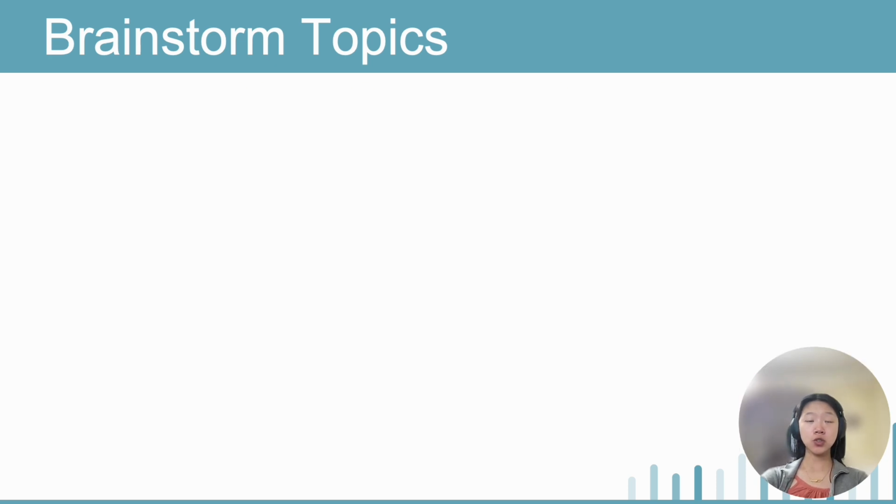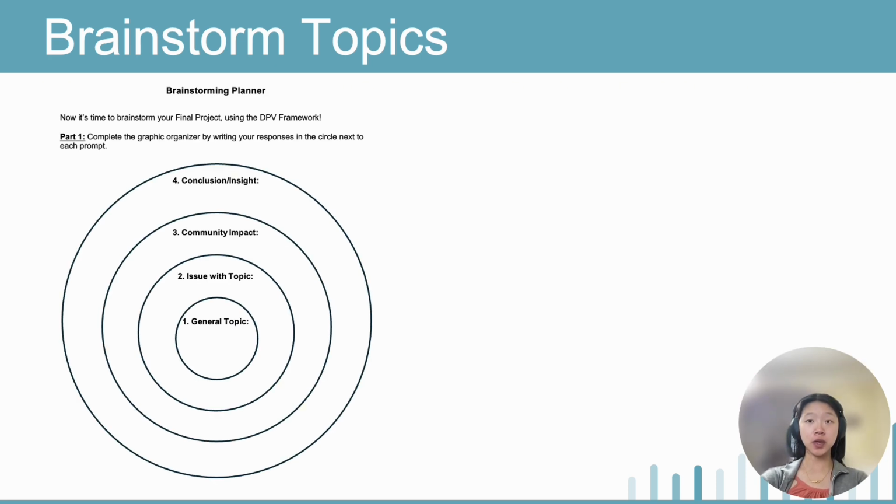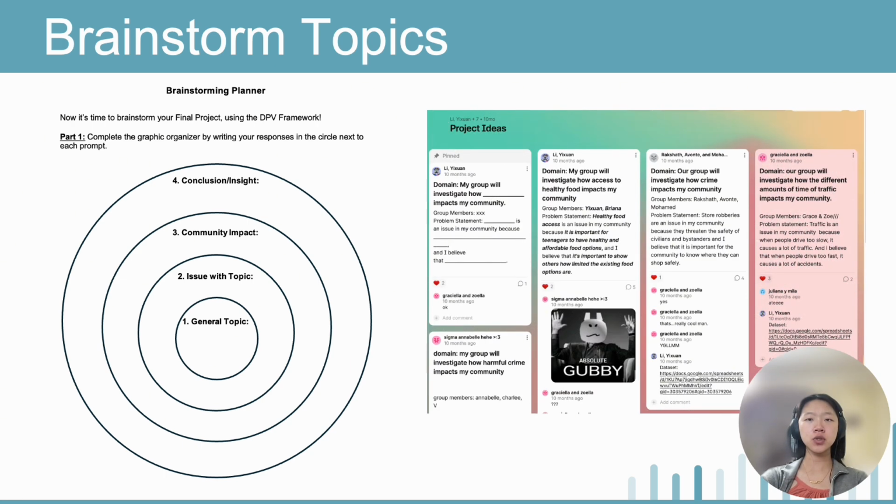The goal here is to narrow a broad topic into a focused problem statement. This problem statement will guide students on what data they search for, what they visualize, and what story they eventually tell. By the end of this stage, students should complete the dataset brainstorming planner worksheet.